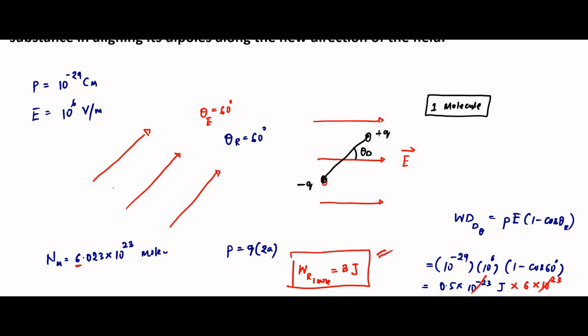So this is the work done in rotating 1 mole of molecules of the given substance. This will be the amount of heat energy which will be released because of the work done in rotating the molecules. Okay.